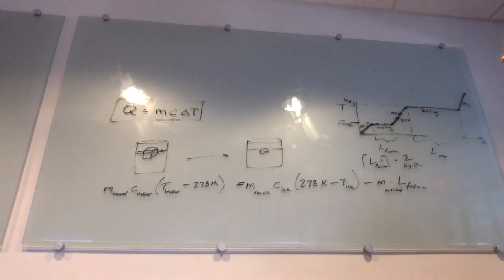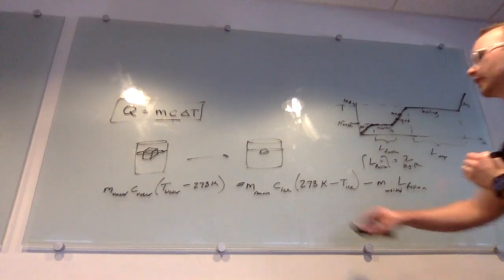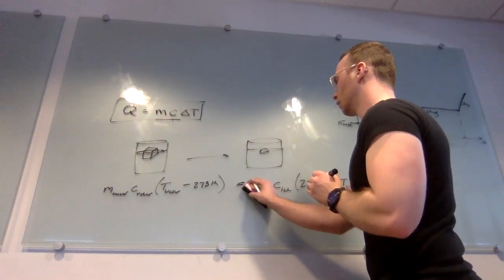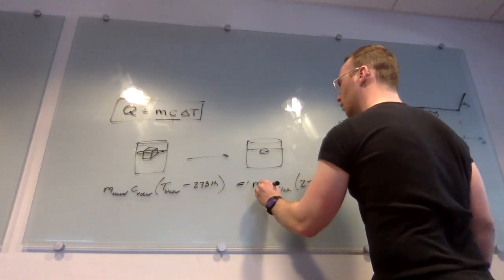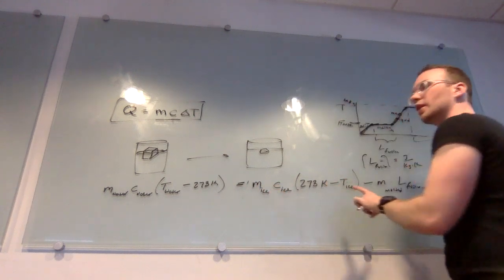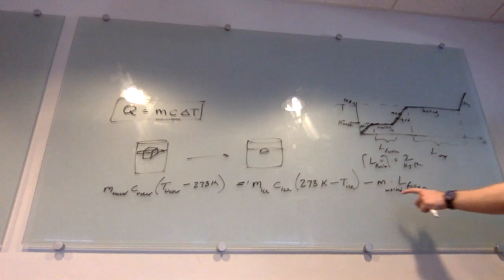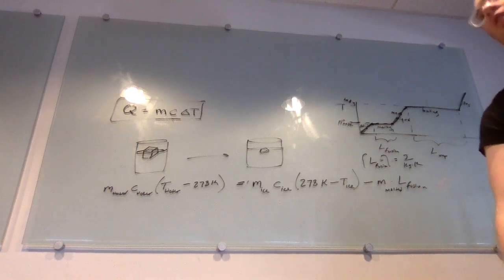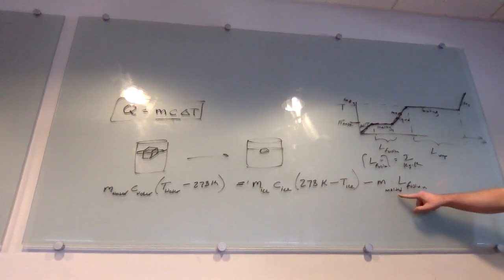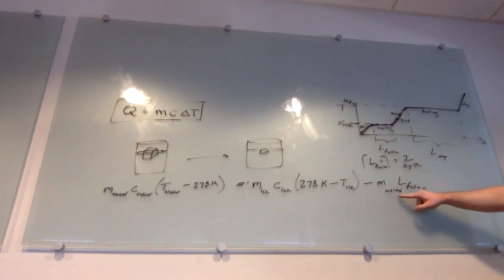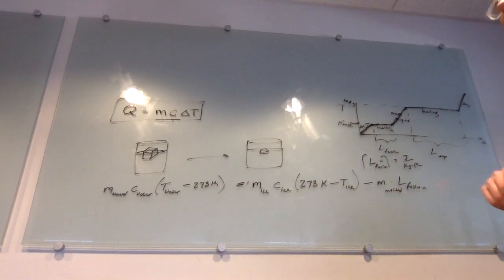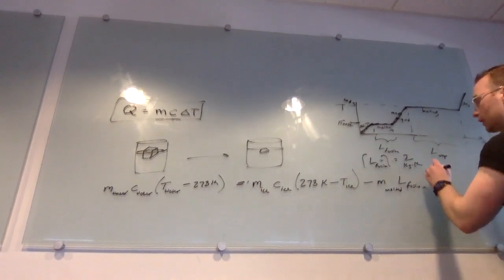You can do like m ice minus m melted or something. Actually, no, sorry, this should be the whole thing, because all of the ice is going to get to 0. And then the rest is, yeah, okay. And then this is just the melted ice. Okay, sorry, this gets a little confusing, as you can tell. So now we have this equation.